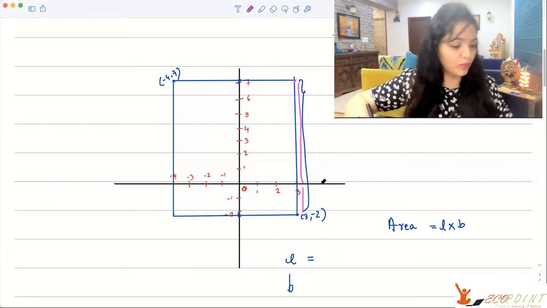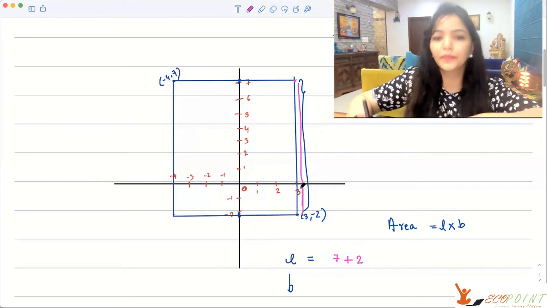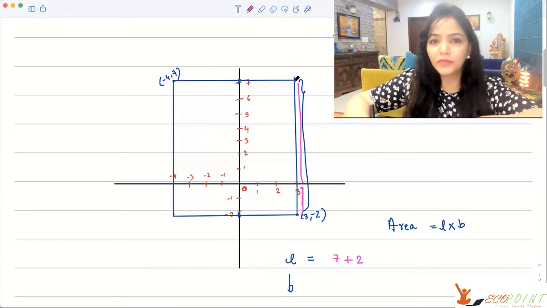So your length is 7 plus 2. I'll repeat myself. This is 2 units. The point is -2, which means from the origin the distance is 2 units, and from the origin up till here it is 7.